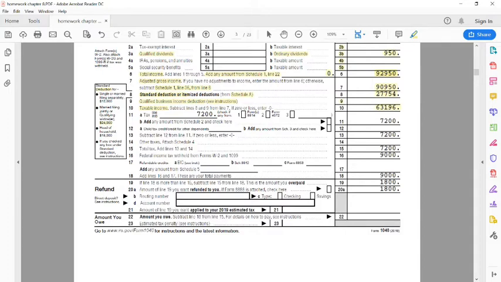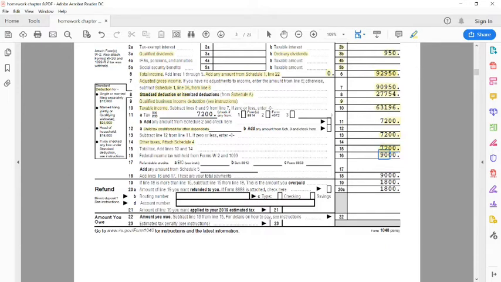That calculation came up to $7,200, which is listed here. We didn't have any child credit because the problem told you to ignore that. There again, we bring down the total because there are no other taxes that would come from this Schedule 4. And so we find that we have $7,200 worth of total tax.